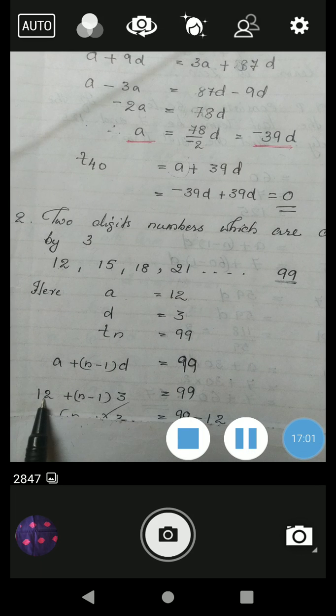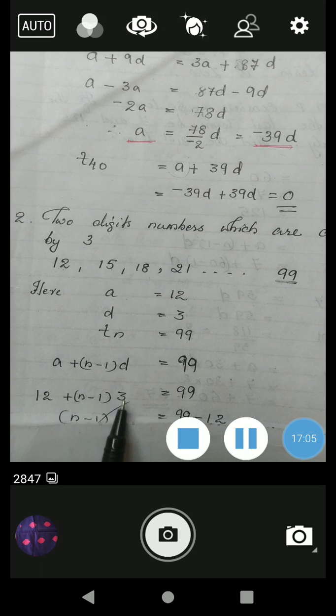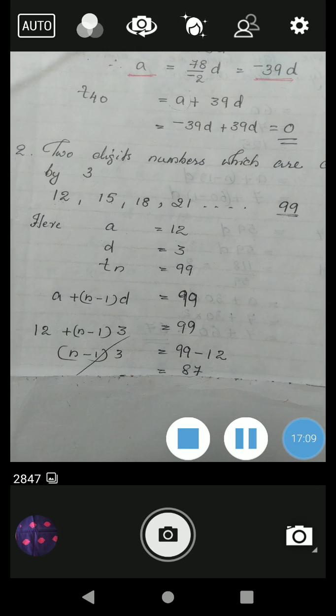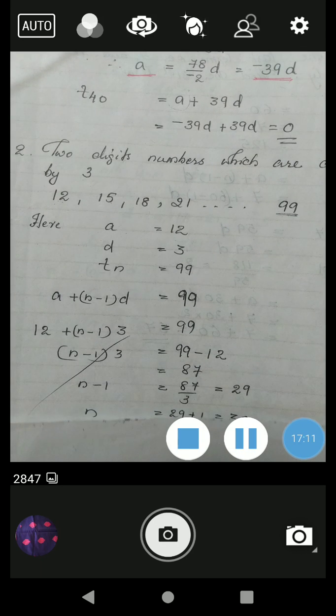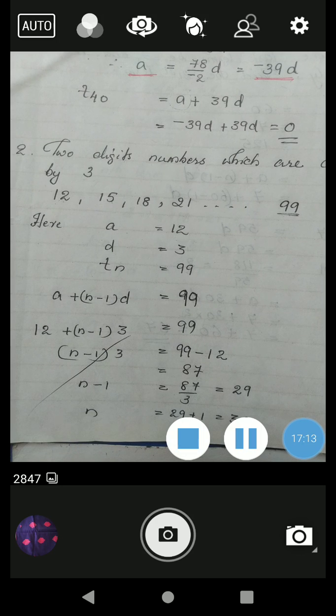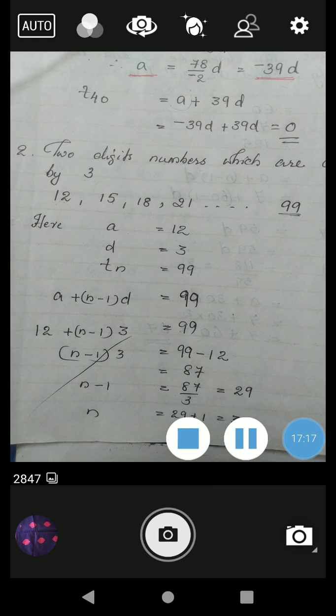A is 12, n minus 1 into 3, D is 3, is 99. Now simplify, you can see the steps. At last you will get n minus 1 is 29, therefore n is equal to 30.